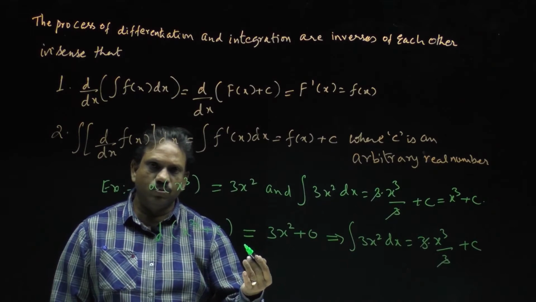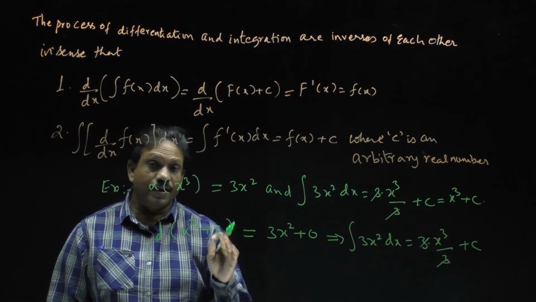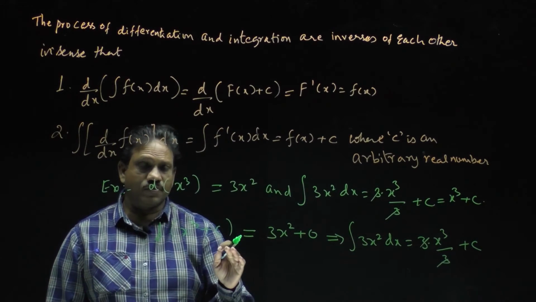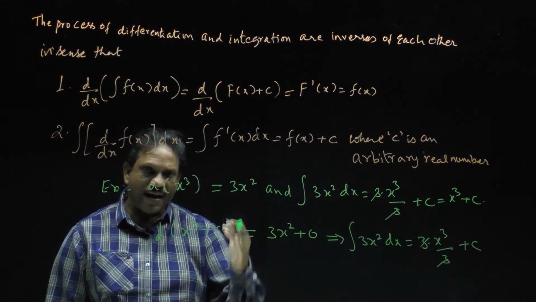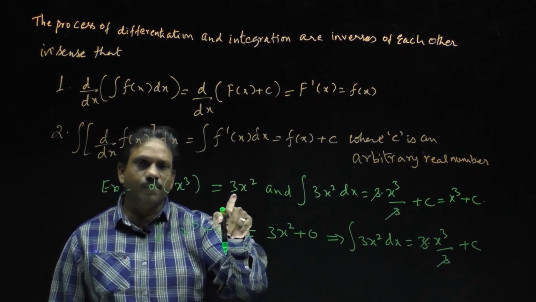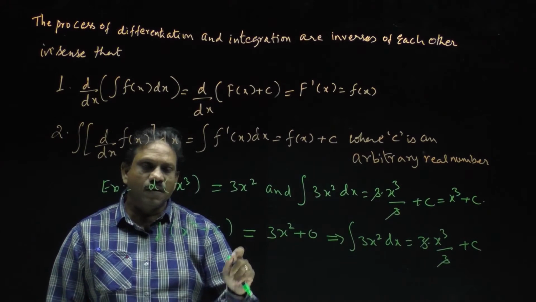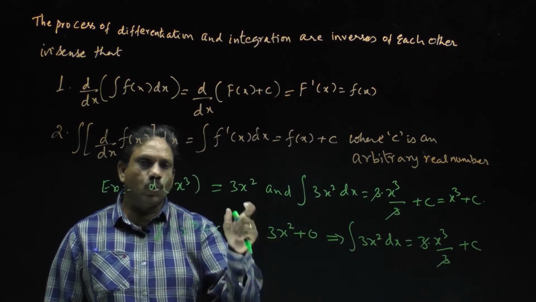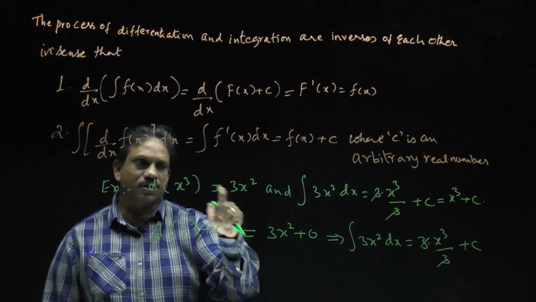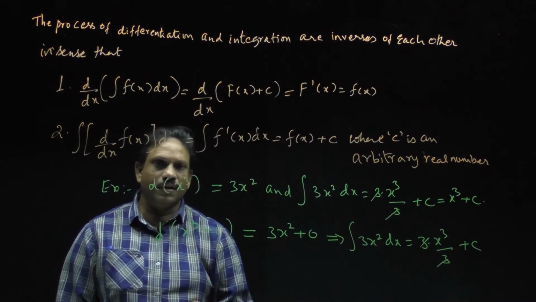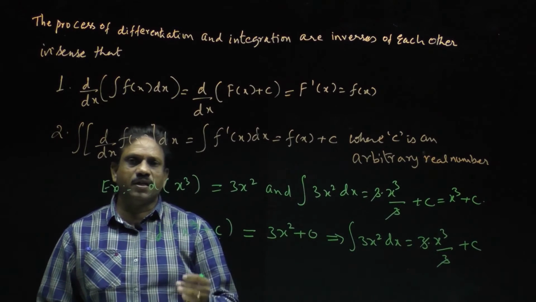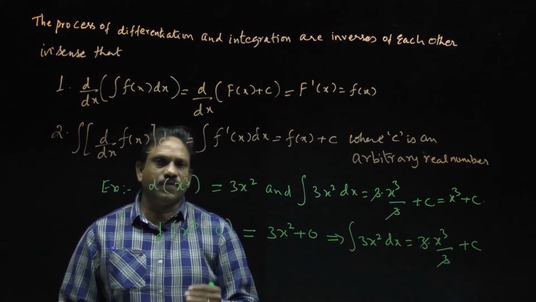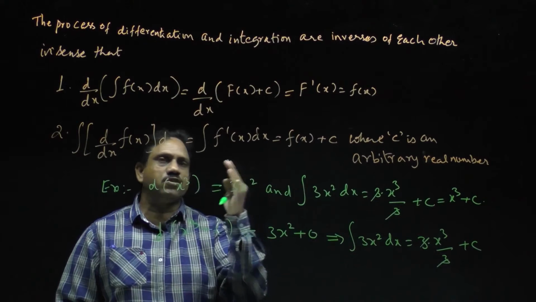X cube plus 2, the derivative is 3x square. X cube plus 10, the derivative is 3x square. Whatever constant you add, the derivative will be 3x square only. That means for different arbitrary constants, it gives only one slope, 3x square. That is the reason we say that the processes of differentiation and integration are inverses of each other.